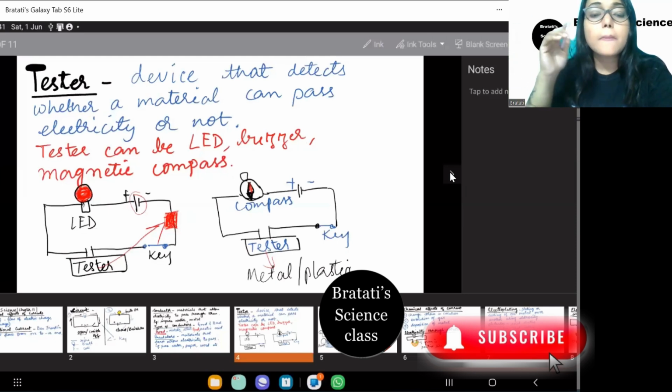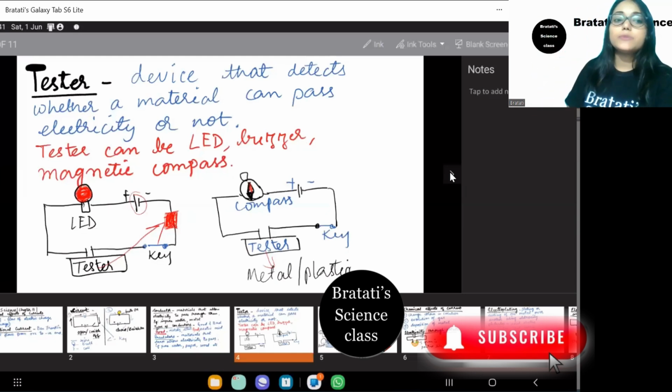But if it is plastic, wood, paper, or any other materials, that means the tester will detect: the LED will not glow, or the magnetic compass, the needle of the compass will not deflect. As it's not deflecting, that means electricity is not passing through this material, which shows that it's an insulator or a poor conductor. Clear till this?